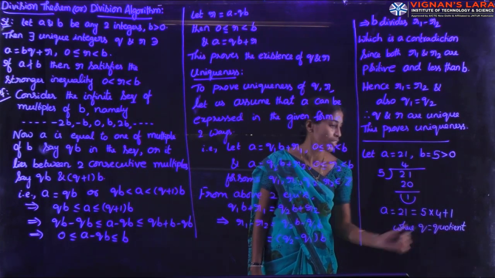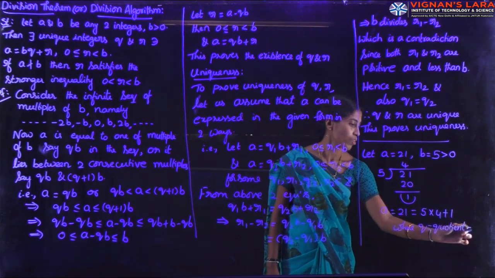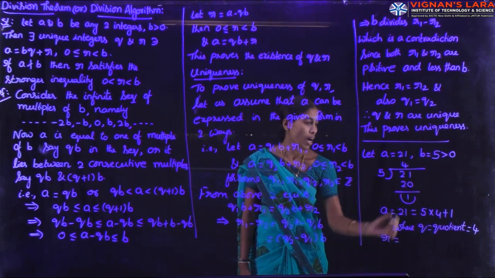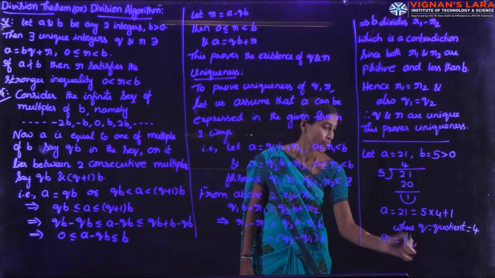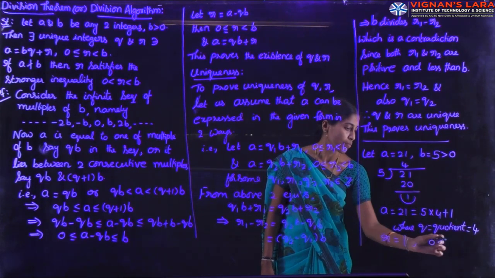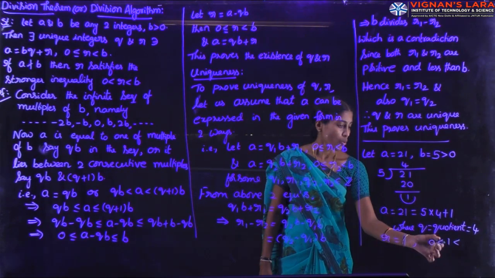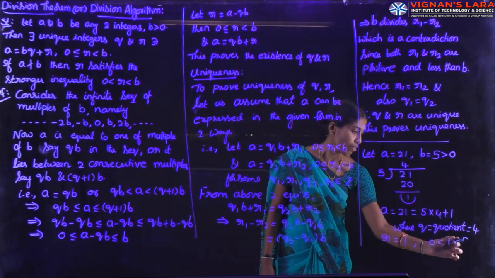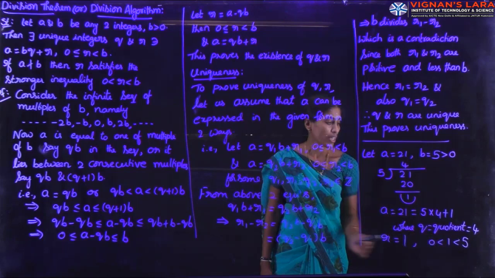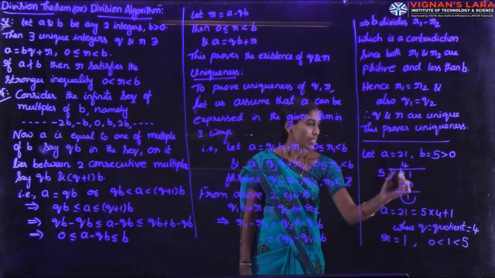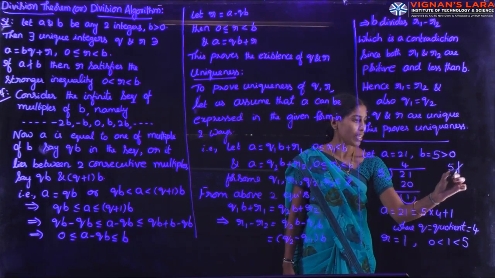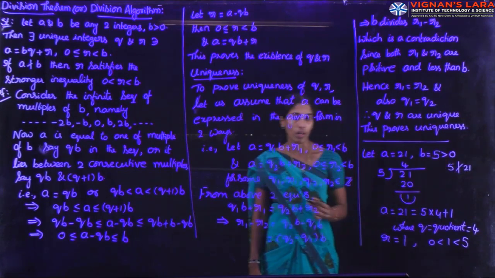What is the quotient here? Quotient is 4, right? So, what is the remainder R? The remainder is 1. Clearly, this R value lies between 0 and 5. Why does this value lie between 0 and 5? A is 21, B is 5, because 5 does not divide 21.